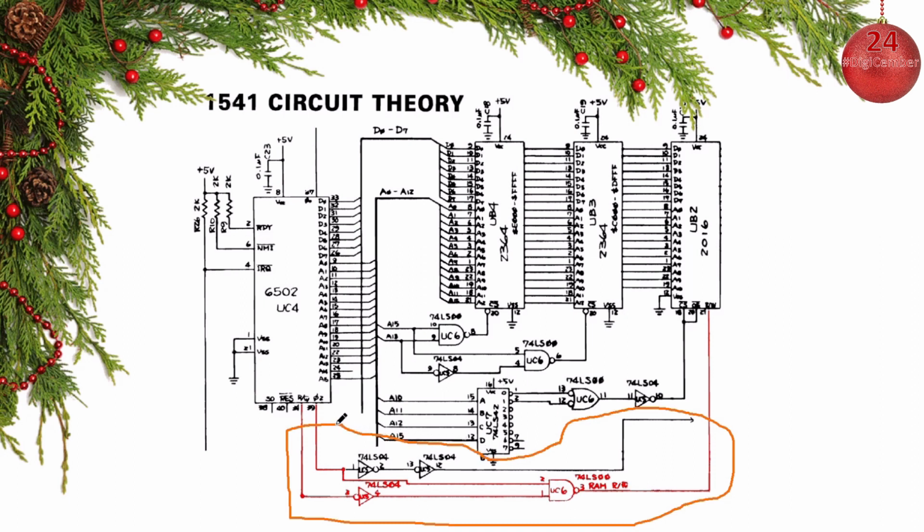Because here there is some trickery where the read-write and the Phi2 clock are combined in a NAND gate, so that we are making sure that one of these states only occurs when the Phi2 clock has a high state, it seems.